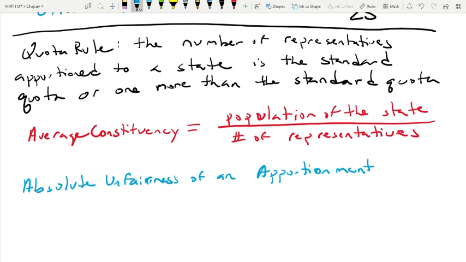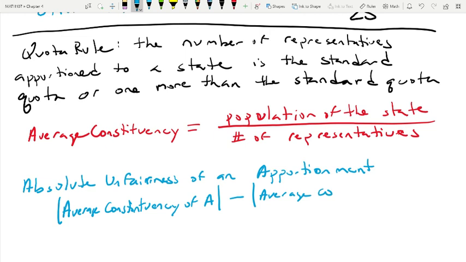It is given by the average constituency of A minus the average constituency of B.